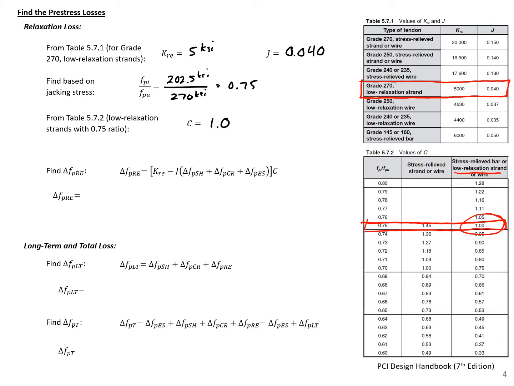So we can plug in these values, the K relaxation, the J, and the C, with the other losses that we had calculated before to calculate our relaxation loss. So here we'll have 5 KSI minus 0.04 times 4.4 KSI plus 6.0 KSI, our creep loss, plus our elastic shortening loss, 4.6 KSI.